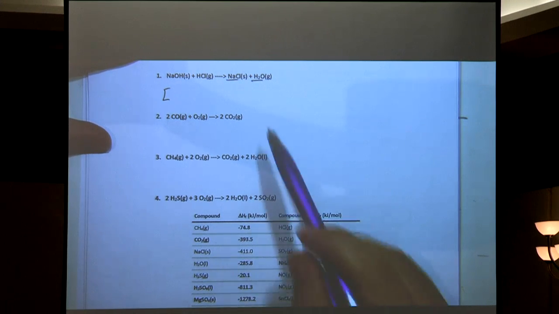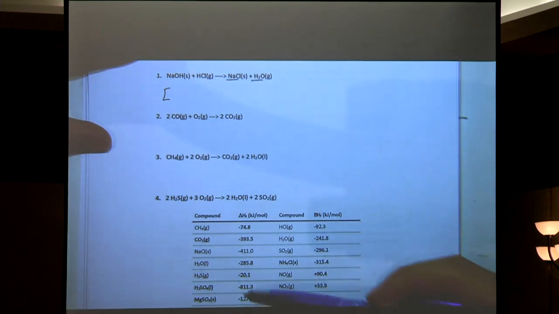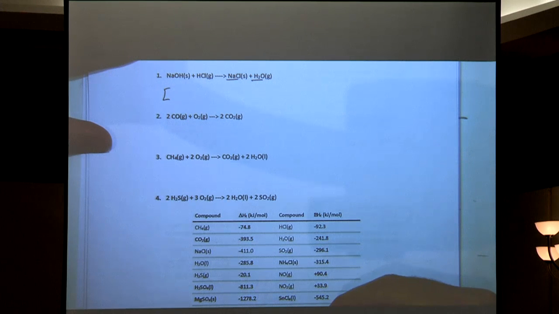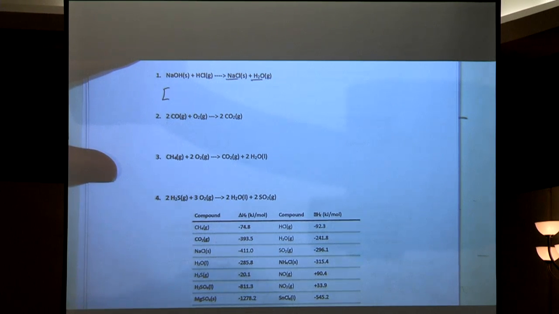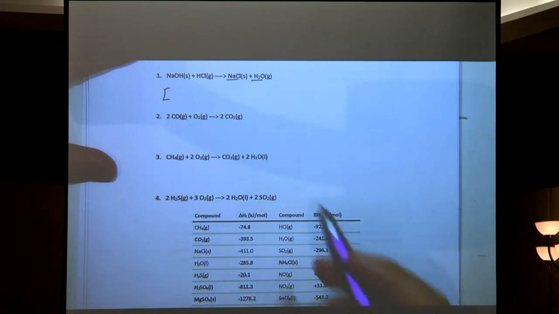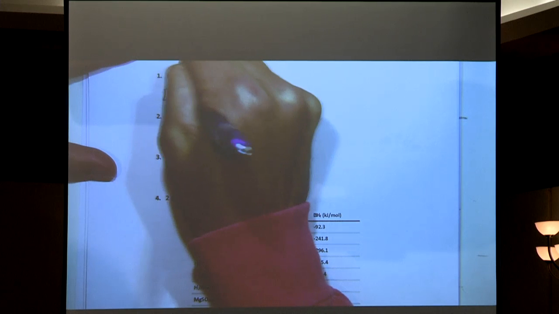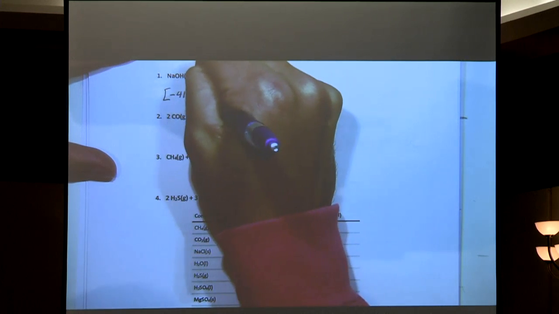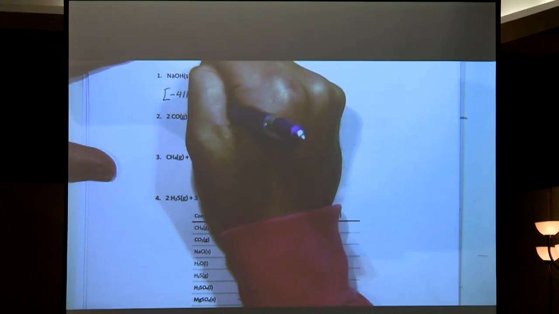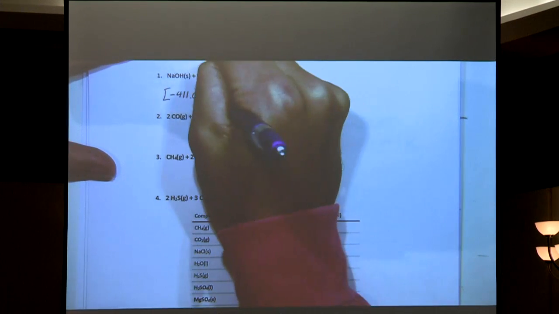So we have NaCl as a product. Let's look for NaCl. NaCl as a solid is negative 411.0 kilojoules per mole. And we know we have 1 mole, so it's just kilojoules.